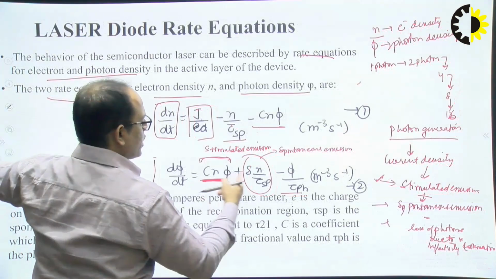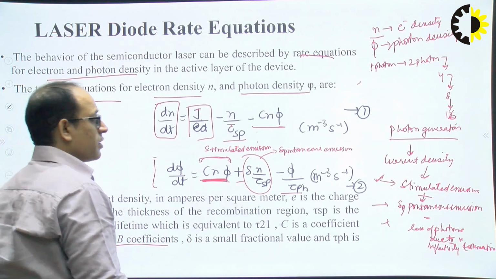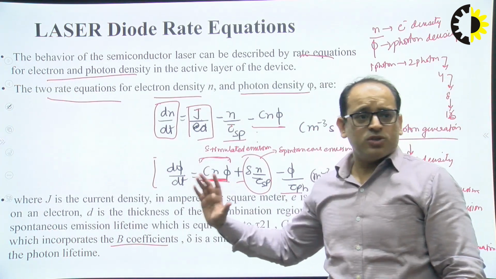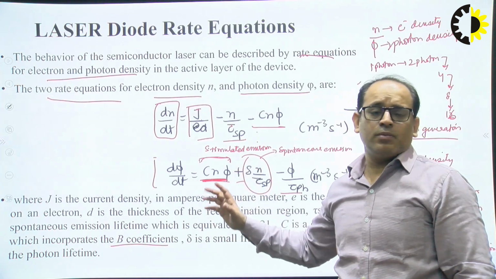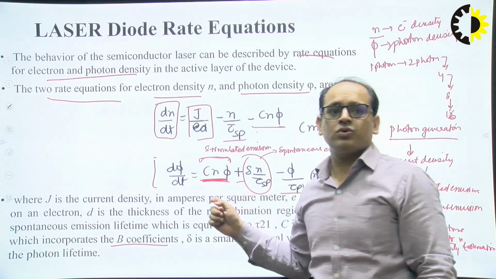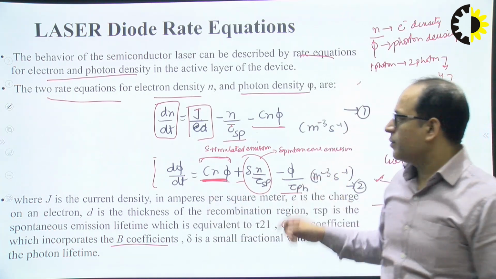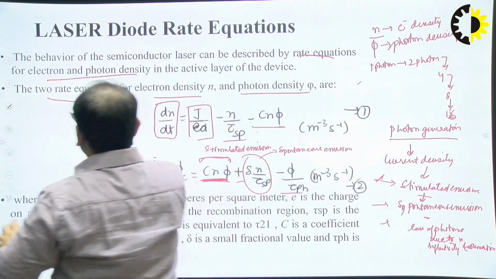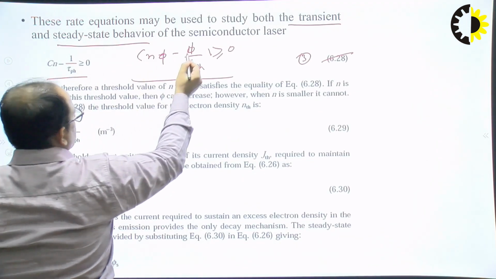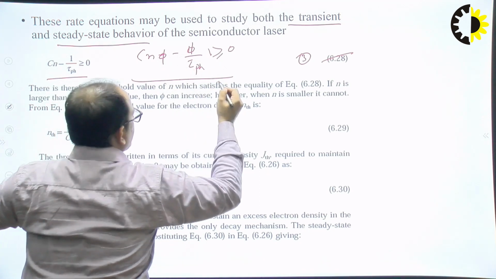So Cn phi should always be greater than or equal to the loss, because to have a laser oscillation, the photons produced due to stimulated emission should always be greater than the photon loss in the cavity. Means Cn phi minus phi upon tau ph should always be greater than or equal to 0.